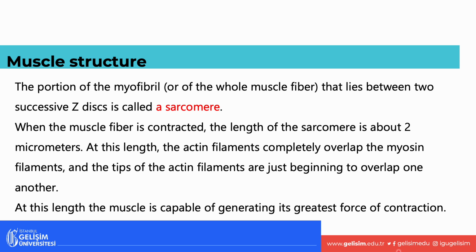This length produces the greatest force of contraction because the maximal number of actin-myosin cross bridges are able to form, and this allows for the most effective interaction between the filaments as well. So, the sarcomere length is an important determinant of muscle force production.